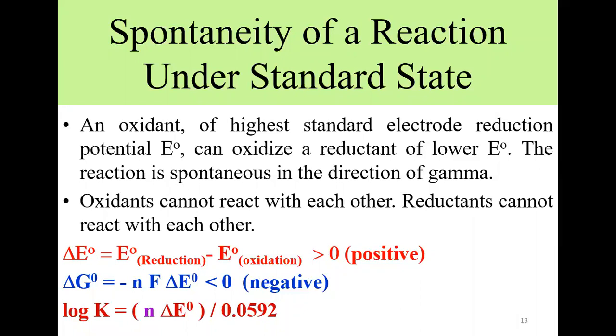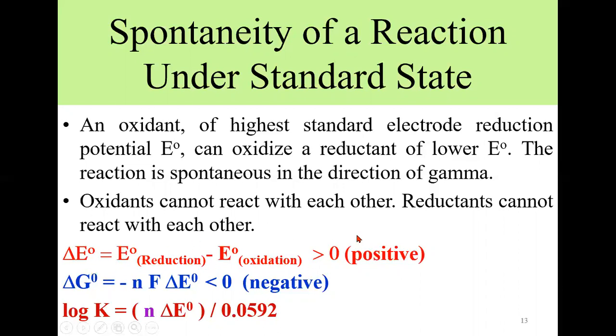You still get a delta E, or what we sometimes call only E0 of the cell or E0 of the reaction. This is the E0 or delta E0 at standard conditions, and it's always equal to the reduction potential of the reduction half reaction minus the reduction potential of the oxidation half reaction.